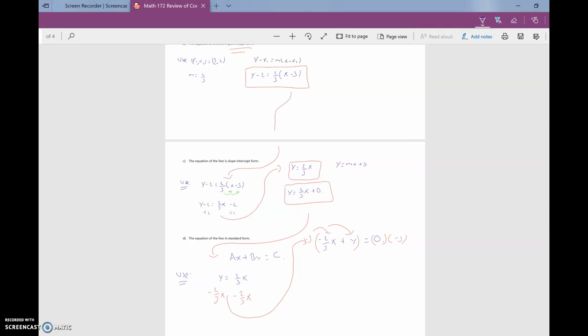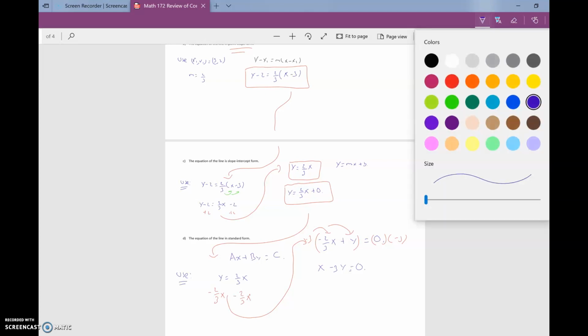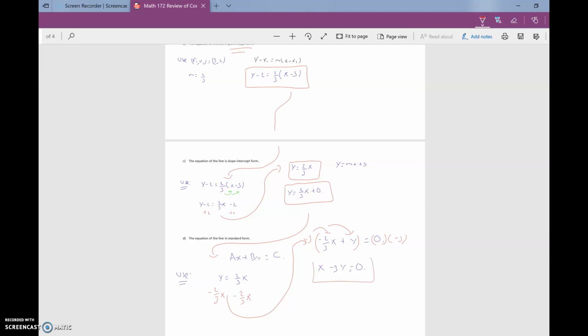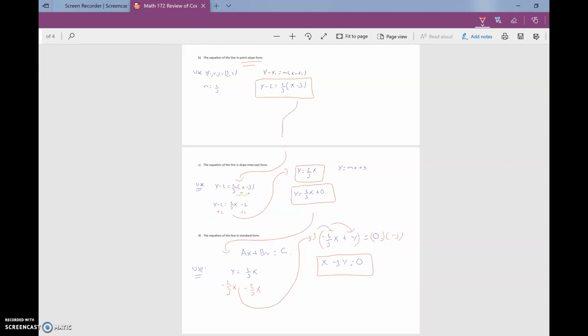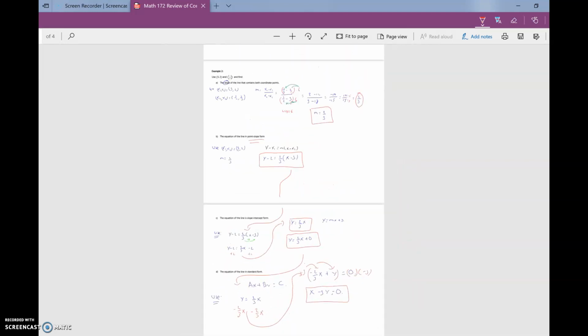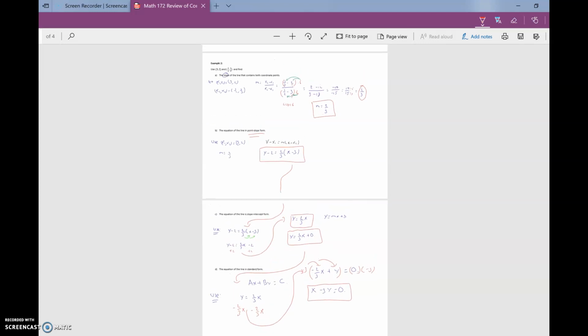And this is going to give us 2x minus 3y, and this is equal to 0. Now keep in mind that all we're doing is just rewriting the same equation in a different format. But this is our solution for this problem.